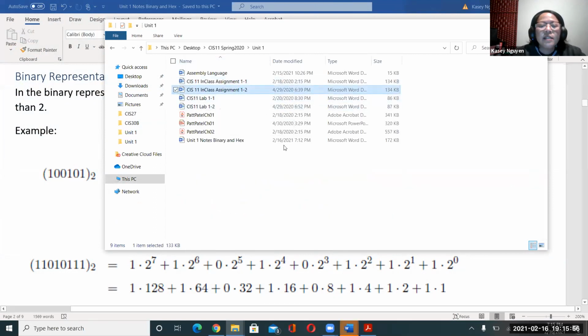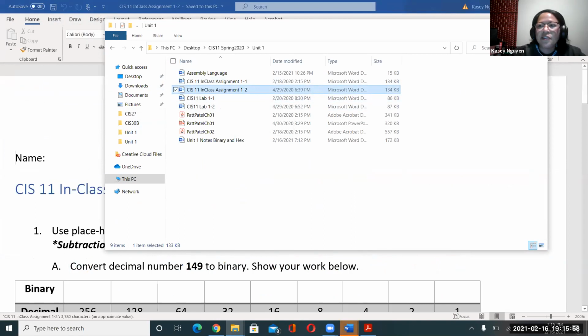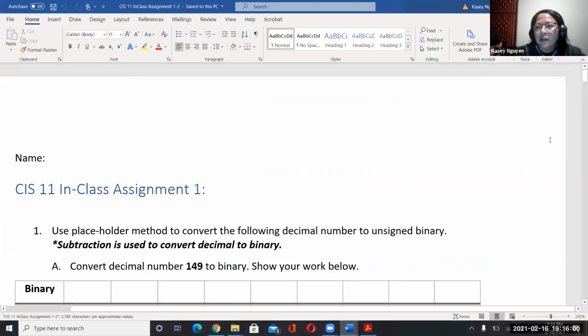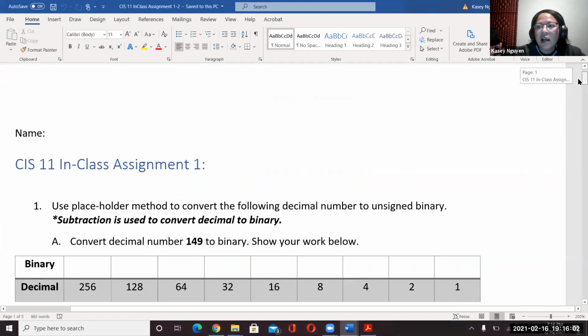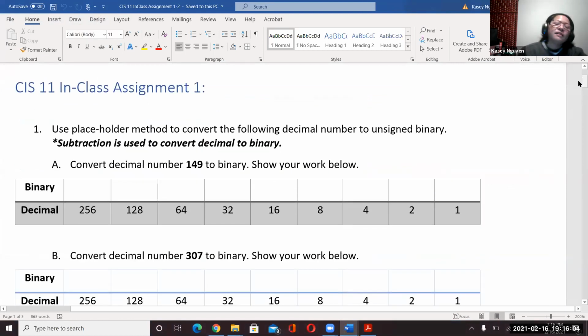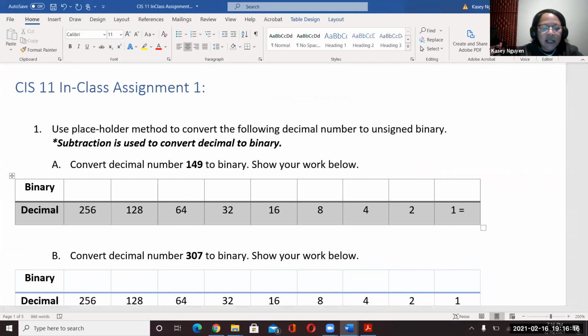For your assignment, the first question asks you to convert 149, which is in decimal, to binary. When we look at this scale, this one right here is 2 to the 0 power.